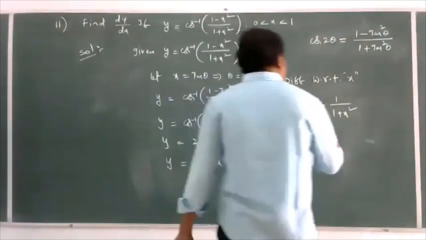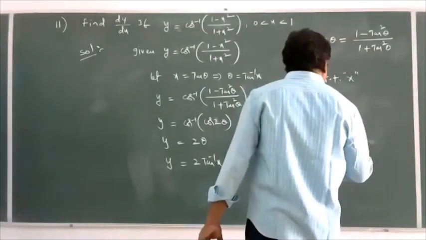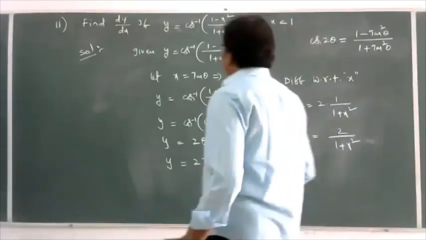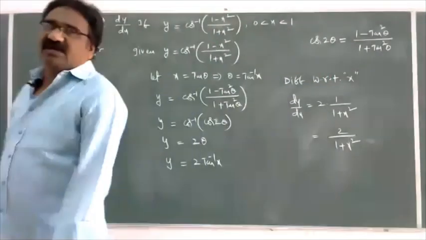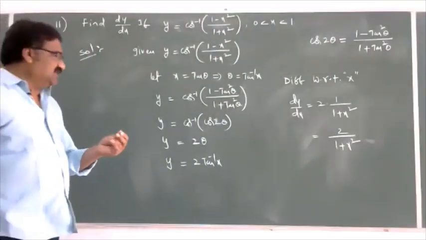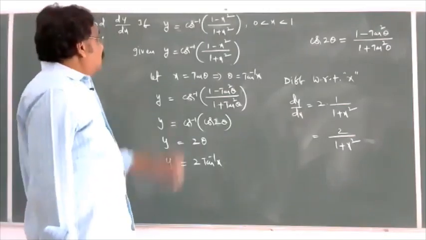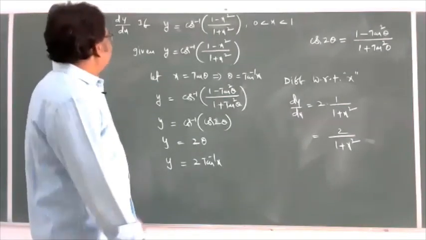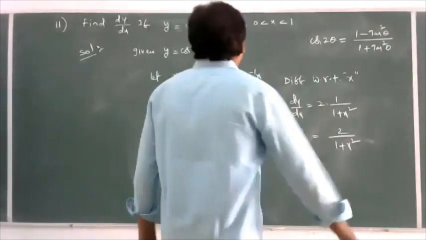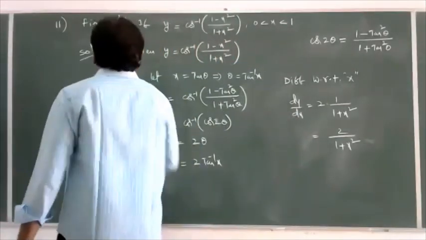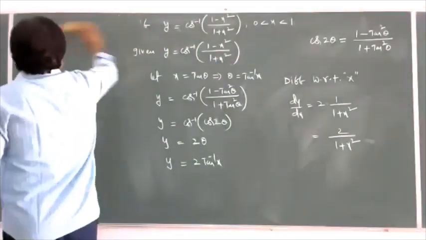So the answer is dy by dx is equal to 2 by 1 plus x square. This is the derivative of the given function y is equal to cos inverse of 1 minus x square by 1 plus x square.